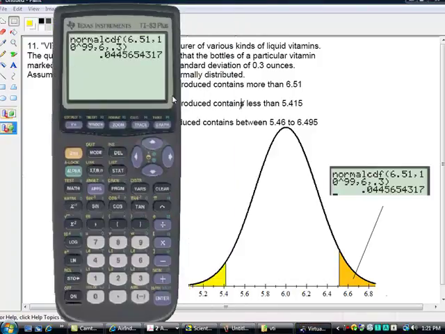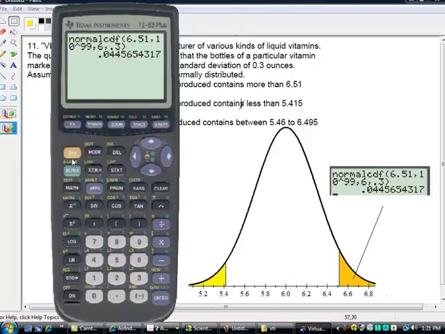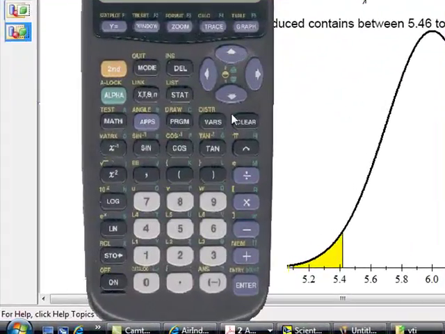Now go back to the calculator. We have the same thing, and you can retrieve it by pressing second enter. On the left, the lowest that I can have is 0, but let's go in a routine manner. I know I'm not going to have negative contents in there.